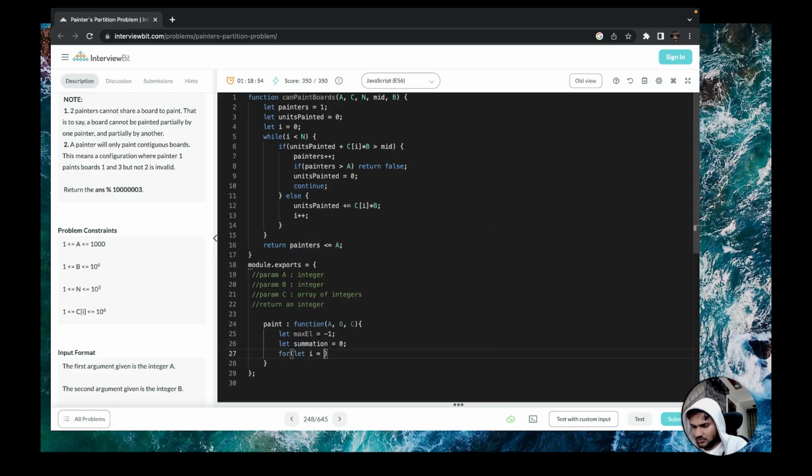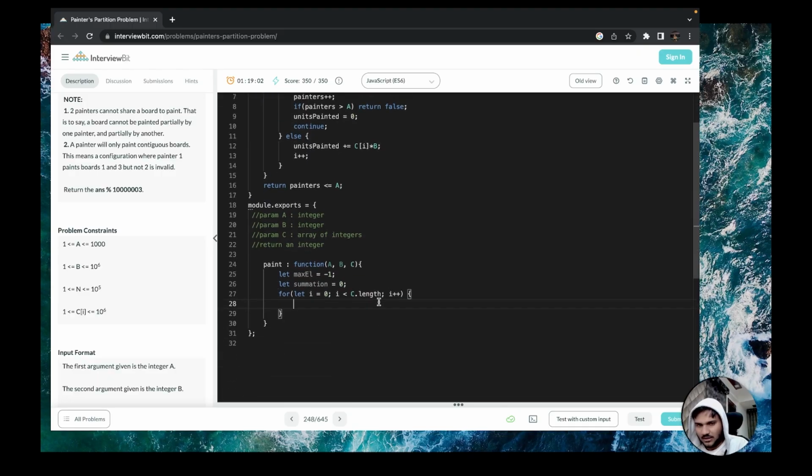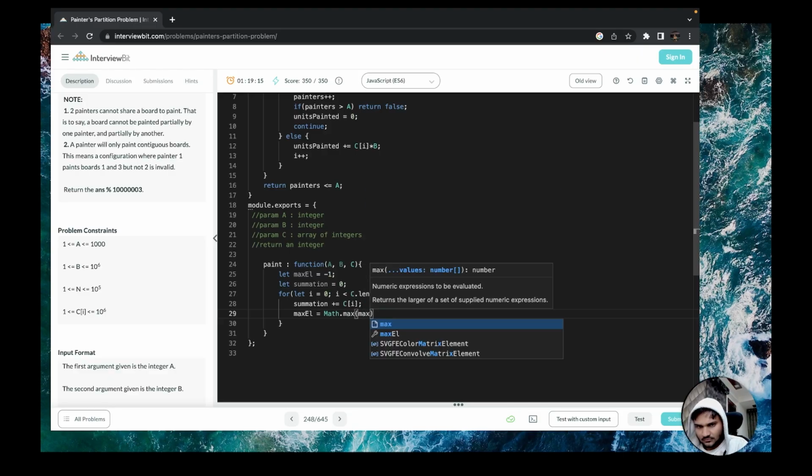For let i equal to 0, i less than C dot length, i plus plus. We'll iterate over the array and we'll calculate the maximum element, the summation. So we'll say summation plus equals C of i, that is sum of the array, and max element is equal to Math dot max of max element comma C of i.